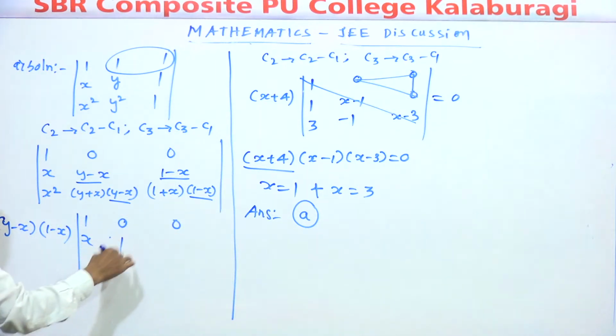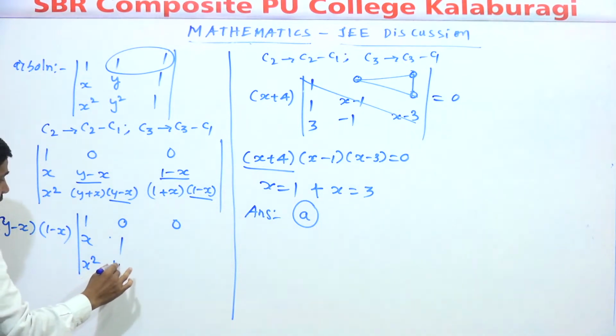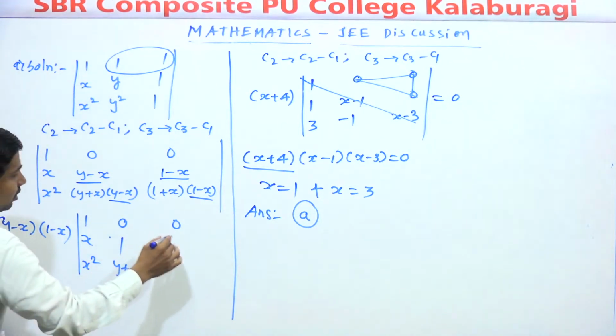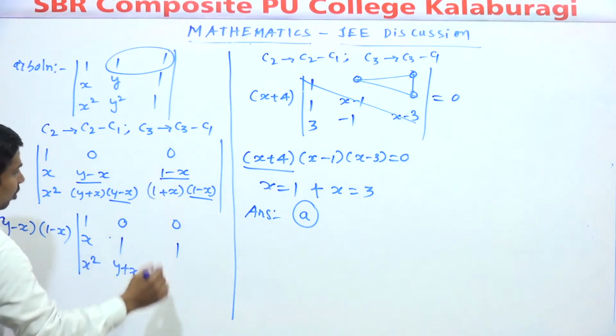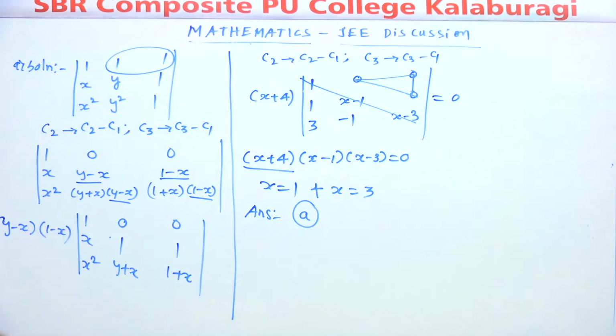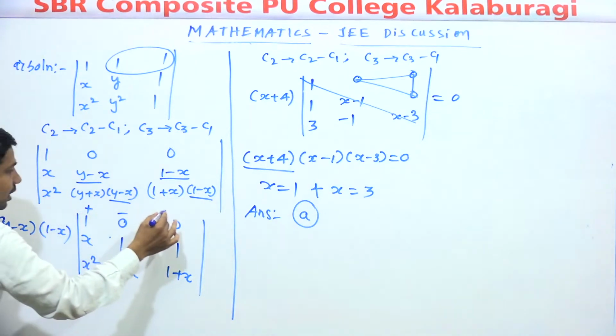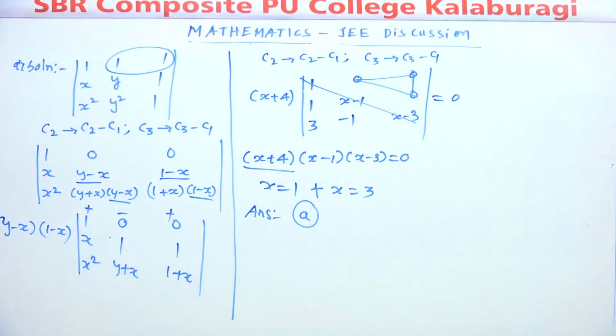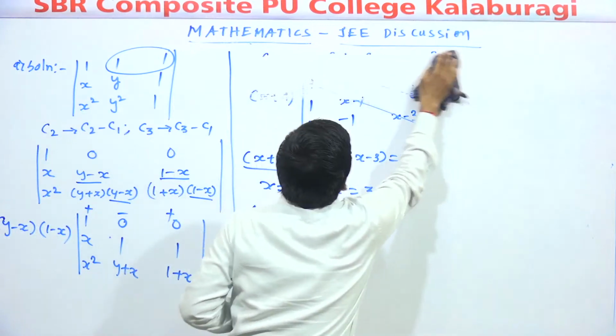X, and after taking y minus x common, 1, x square, y plus x. Here 1 minus x is taken common, 1 plus x is left out. So let us expand along R1. Here the signs are plus, minus, plus, right? So if you expand along R1, what will you get?